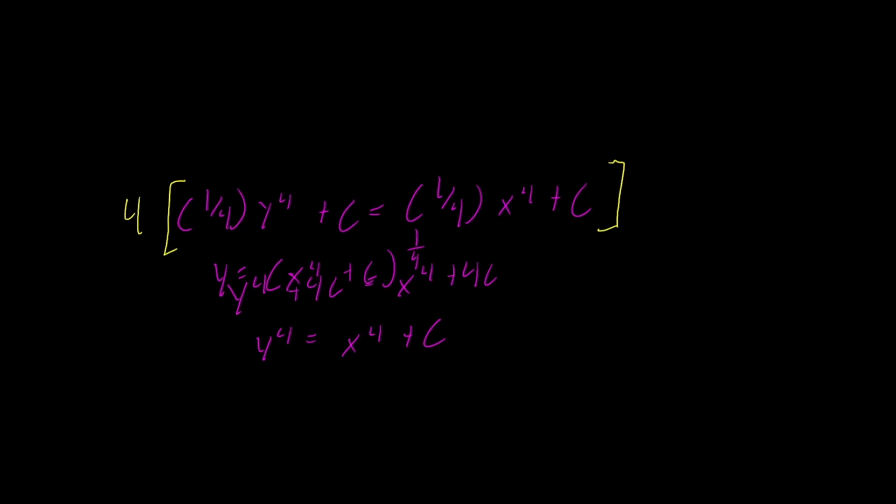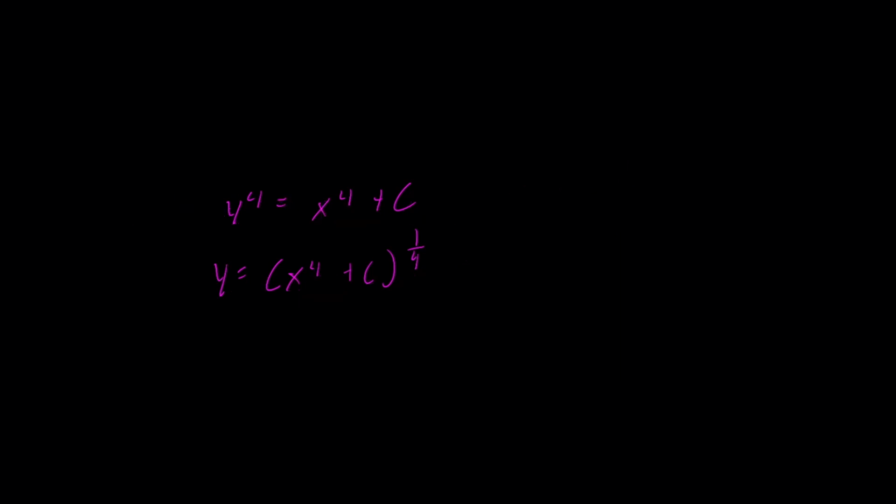So it's going to look a little like this. And once I clean that up, let me just clean up everything else right here. It turns out that when you raise the whole system to a fourth, you actually get the general solution.